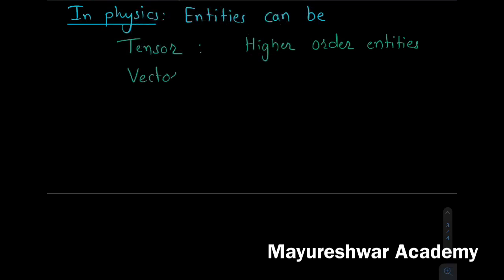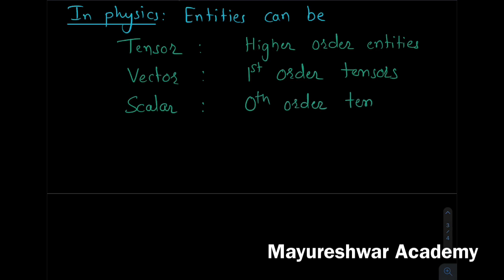They can be vectors, which can also be stated as first order tensors, and scalars, which are said to be zeroth order tensors.